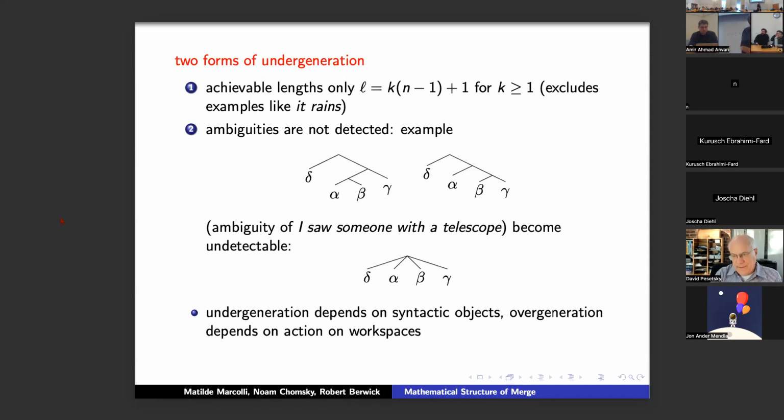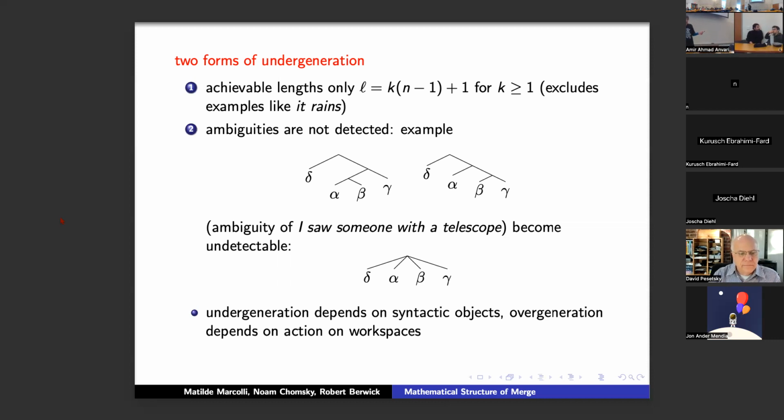So the answer is no, in the sense that you don't want to count that as being a lexical item. That's the assumption. If you take elements in your set of lexical items and syntactic features, then you will only get things of that length.